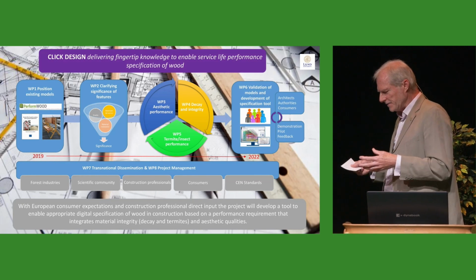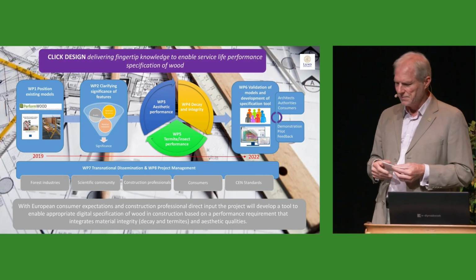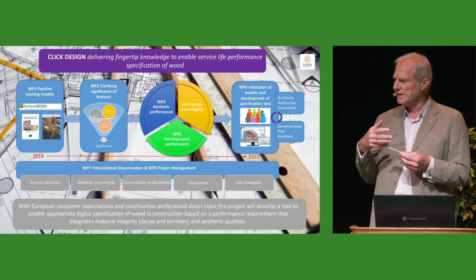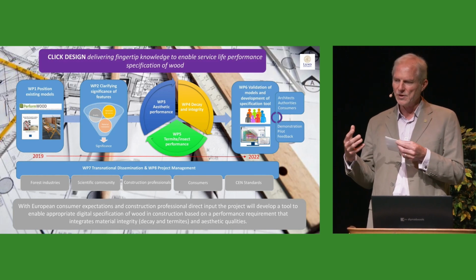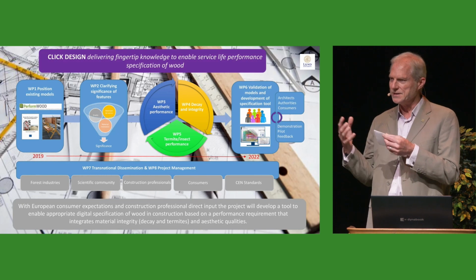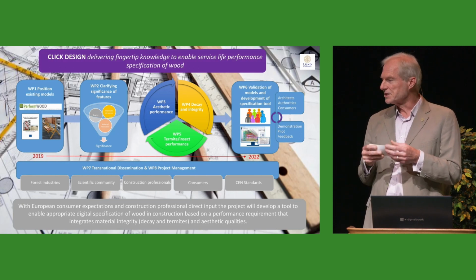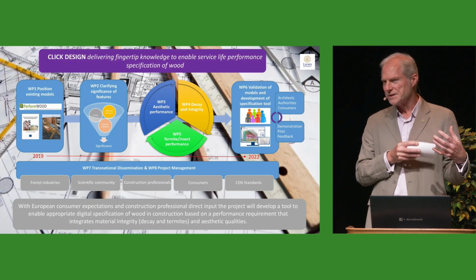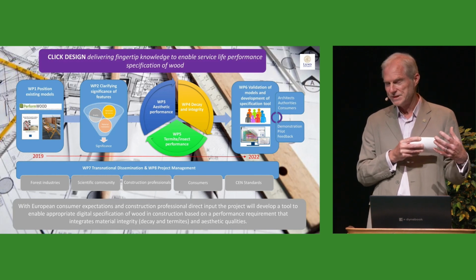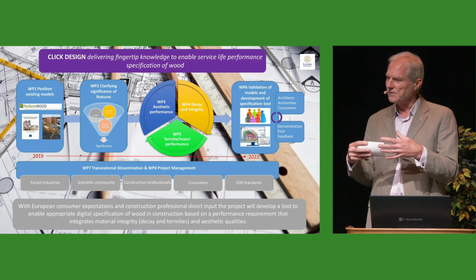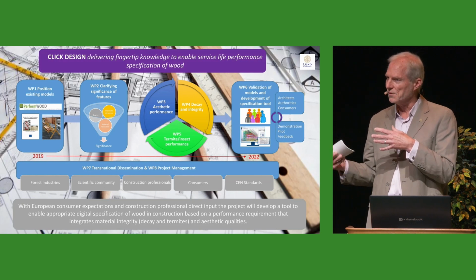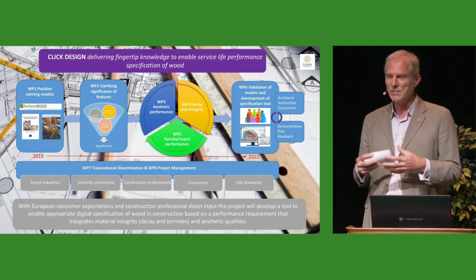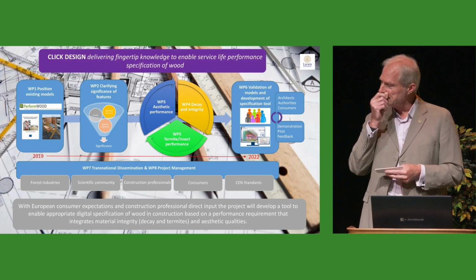And then particularly for this, we had a focus on pan-European application, so it had to critically understand, develop, and deploy information around decay and integrity, but it also had to do it for aesthetics, which is a very critical performance factor for exterior wood uses, and it also had to do it for termite and insect performance, so that relationship around some of the other critical biological hazards that the material faces.